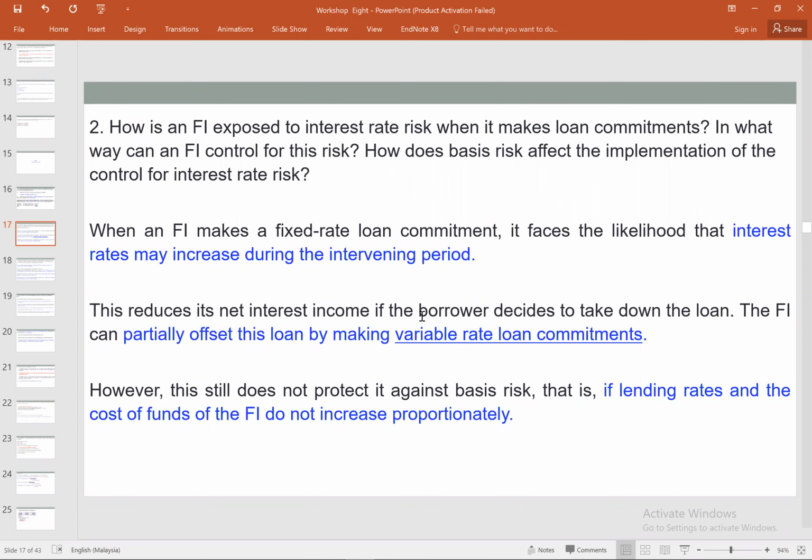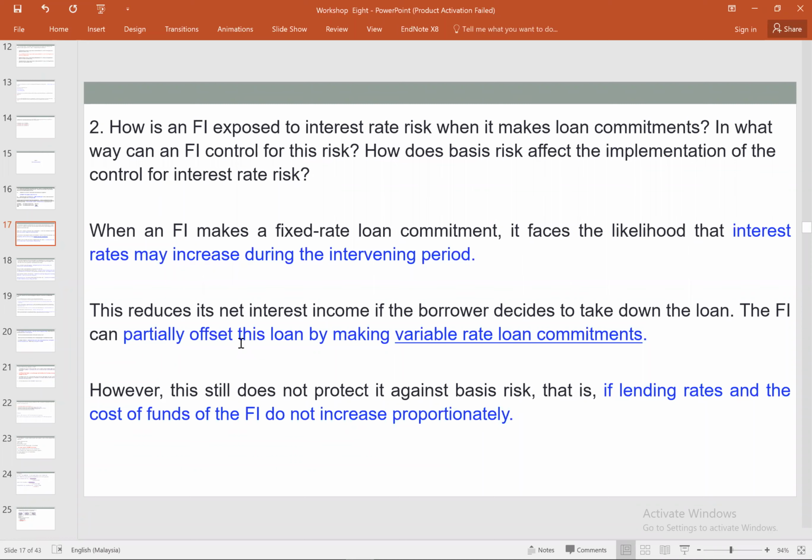This reduces actually the interest income if the borrower decides to take down the loan. And of course, when the interest rate goes up, the borrower will take the loan because the bank is committed to give him the loan with the low interest rate included in the contract.